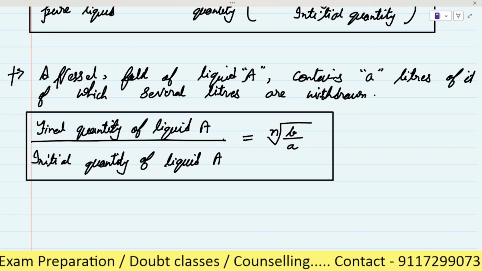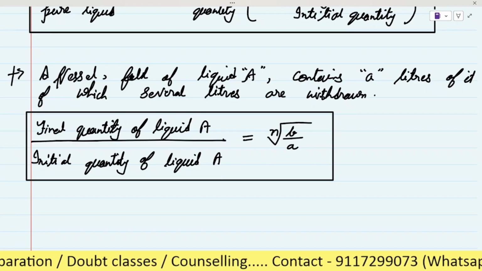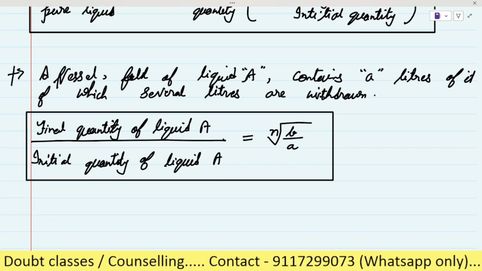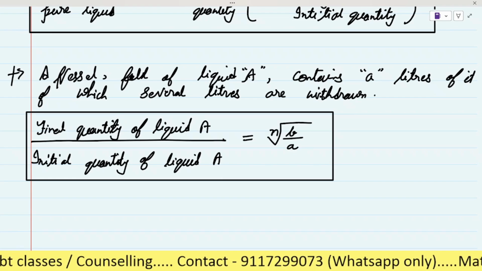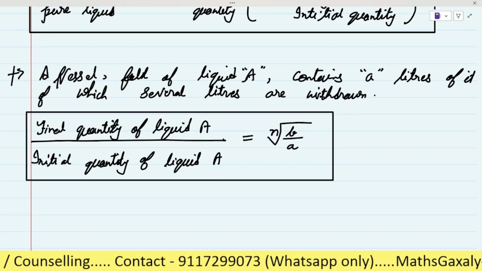Then the formula will be final quantity of liquid A divided by initial quantity of liquid A equal to nth root of b by a. Is it clear or any doubt?